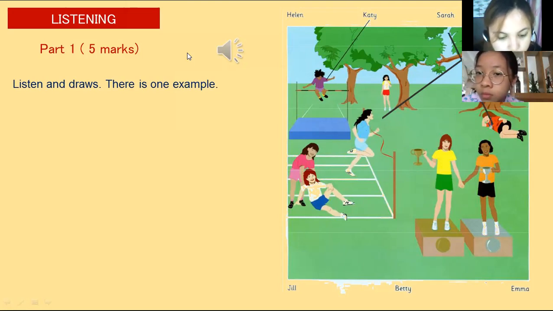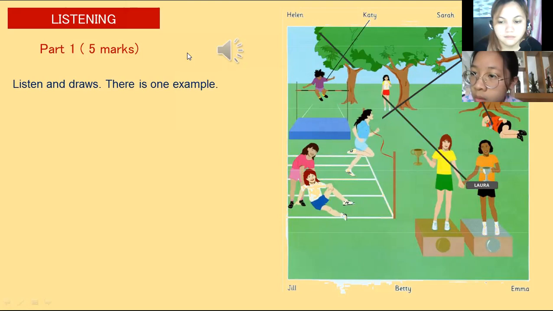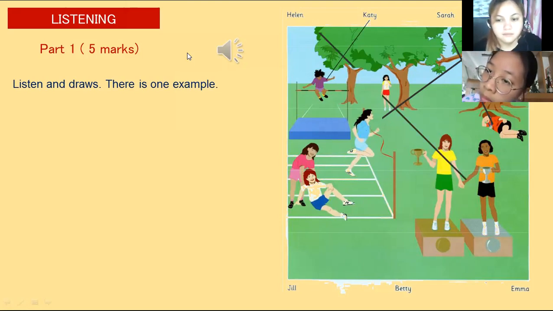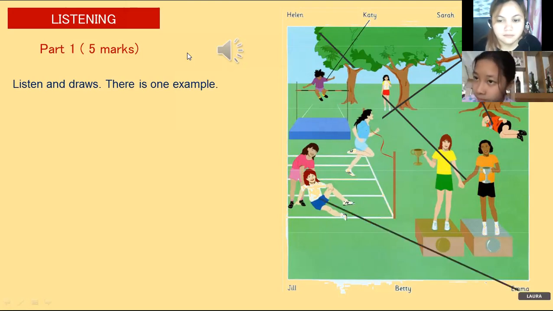Oh yes, I know her. Her name's Helen. Oh no! Someone in the race has fallen over. Oh yes, it's Emma. Is she okay? Yes, look, she's smiling. She's fine. Someone is helping the girl who's fallen over. Who is it? I think it's Betty. Yes, it is. She always helps people if she can.